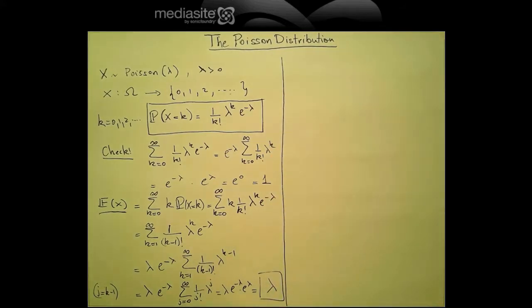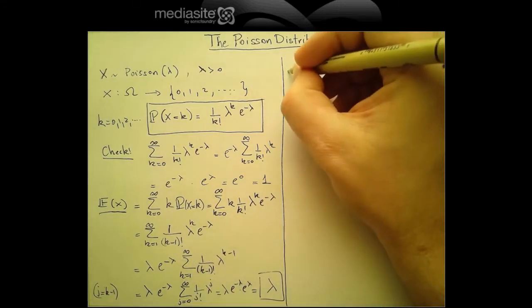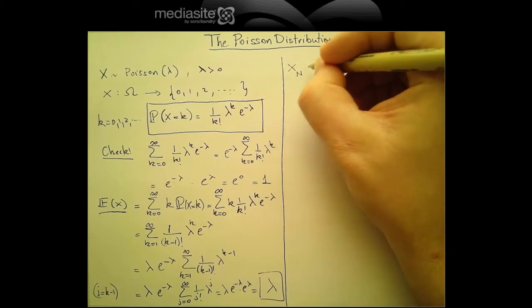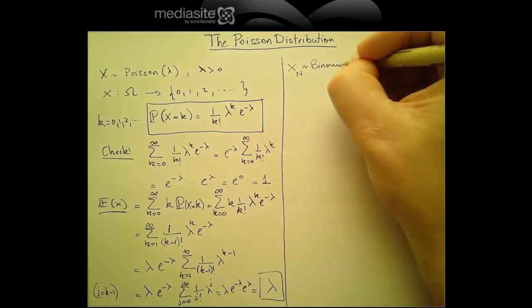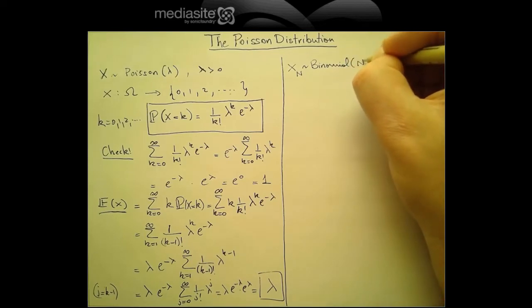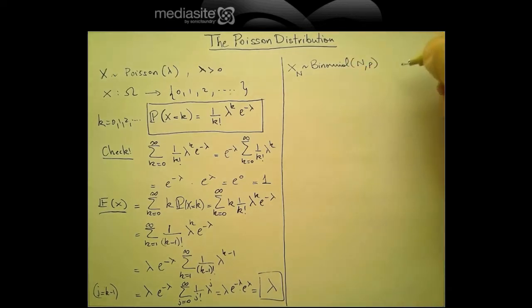Okay. Now, the Poisson distribution is connected to the binomial distribution. Suppose that I have a sequence of binomial random variables, with parameters n and p, where p is actually a function of n.